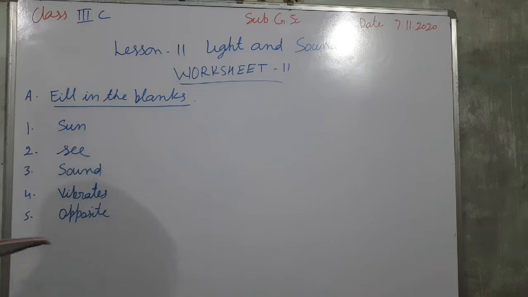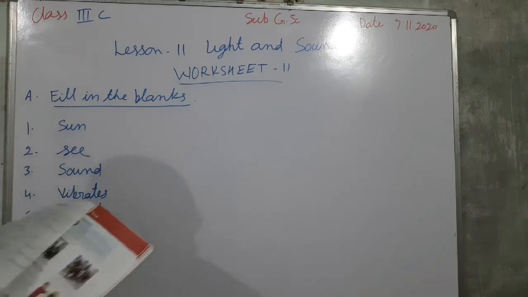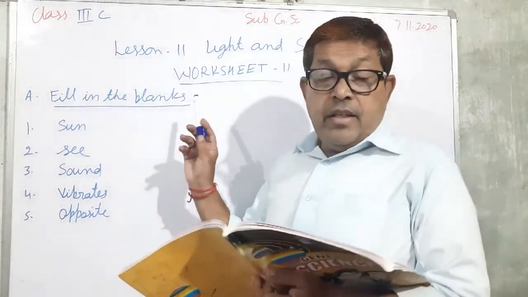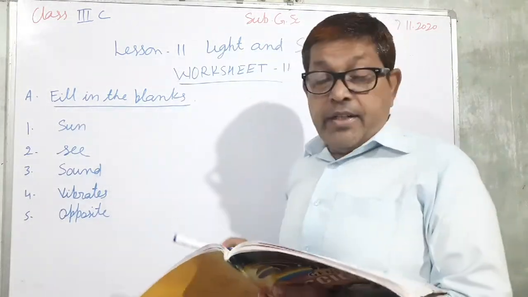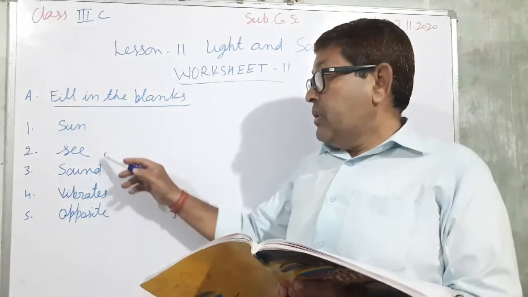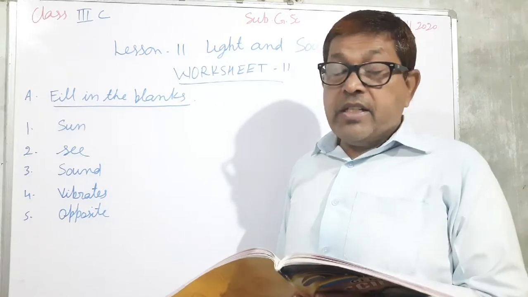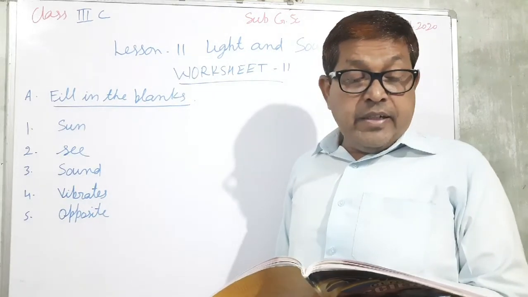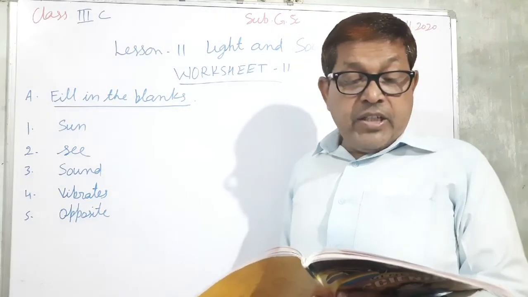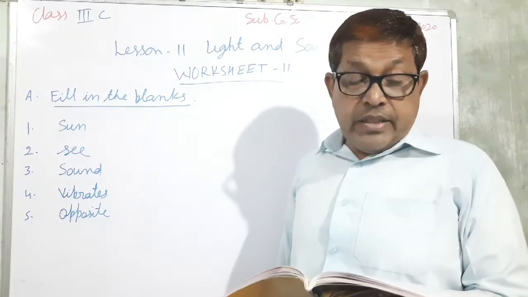So once again we have to see, fill the blanks. First, the sun is the natural source of light, and second, light enables us to see things around us, and third, sound can travel through air, water and solid things.